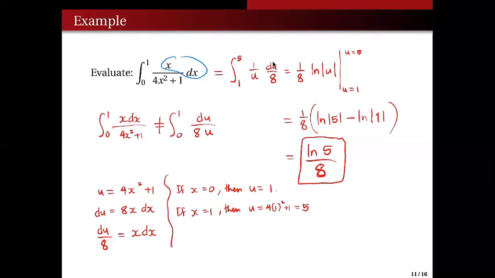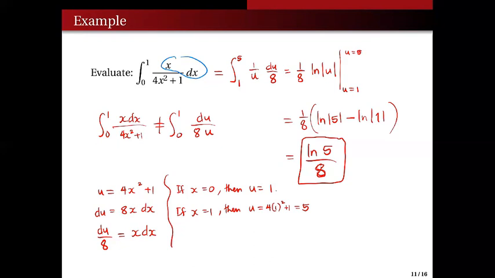They are not equal because, again, this 0 to 1 is for the variable x. When you do the substitution, the interval here also changes. It is not from 0 to 1.